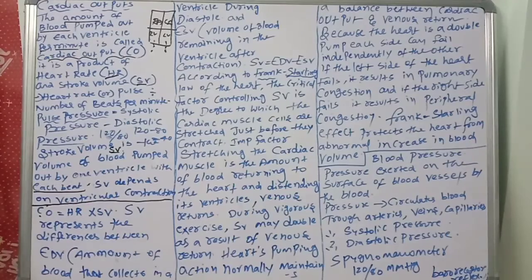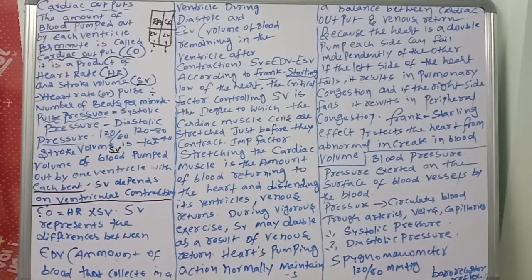When the heart chambers contract, pressure is generated. That pressure in the arteries is called systolic pressure. At the same time, diastolic pressure is the pressure in the arteries when the heart chambers relax.